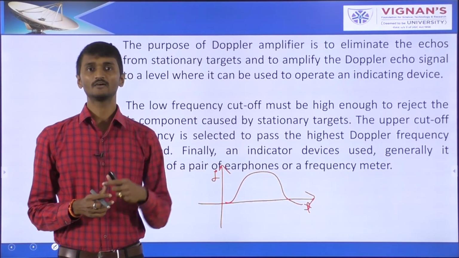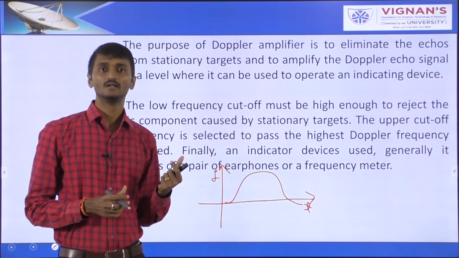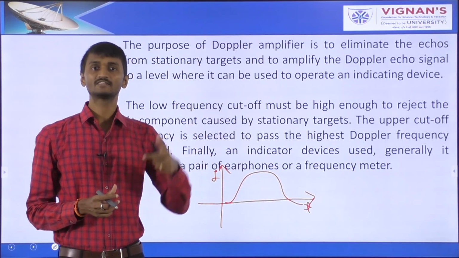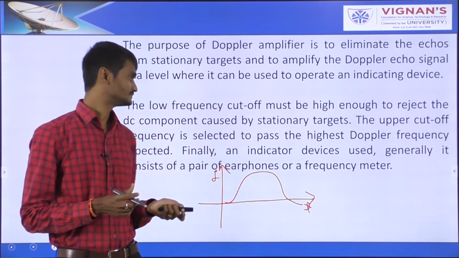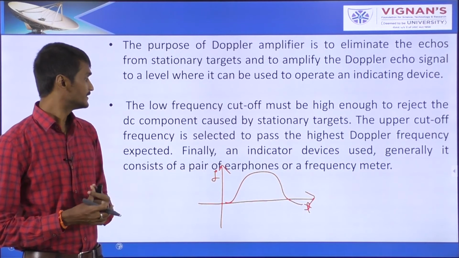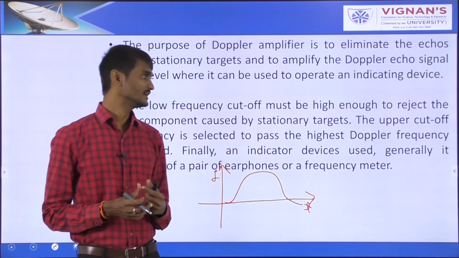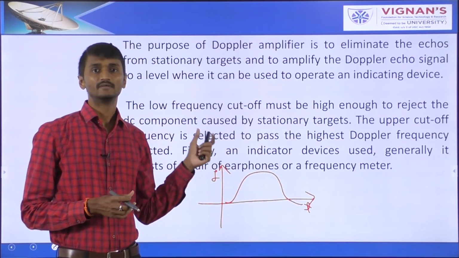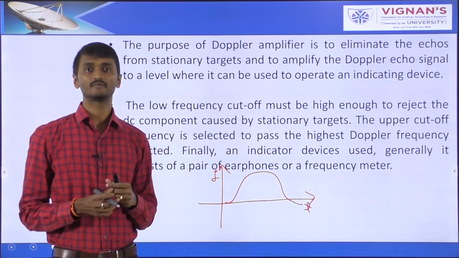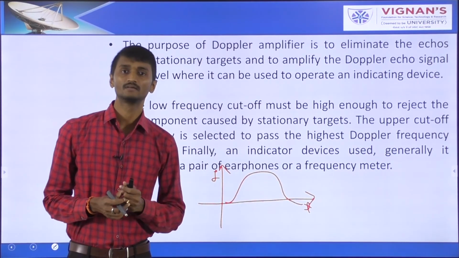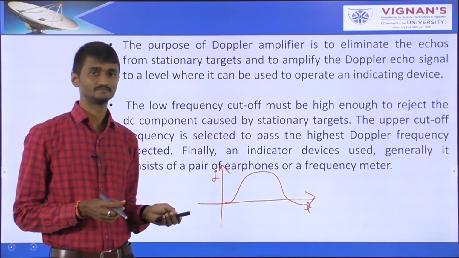The upper cutoff frequency is selected to pass the highest Doppler frequency expected. Then finally an indicator device is used; generally it consists of a pair of earphones or a frequency meter.